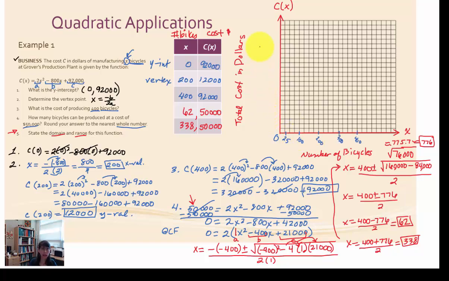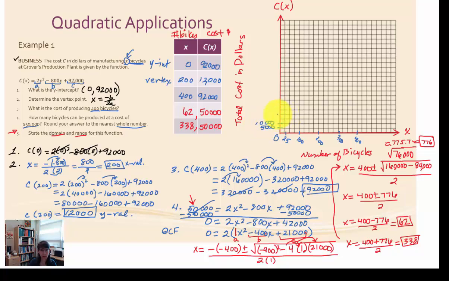For the cost axis, I'm going to look for the smallest value here, which is 12,000. But since we're starting with 0, we're already going to accommodate that number. 92,000 is the largest number that we'll need to accommodate here. And since that's a pretty large number, I'm probably going to have to start with counting by 5,000s. So the next line would be add another 5,000, so that would be 10,000.